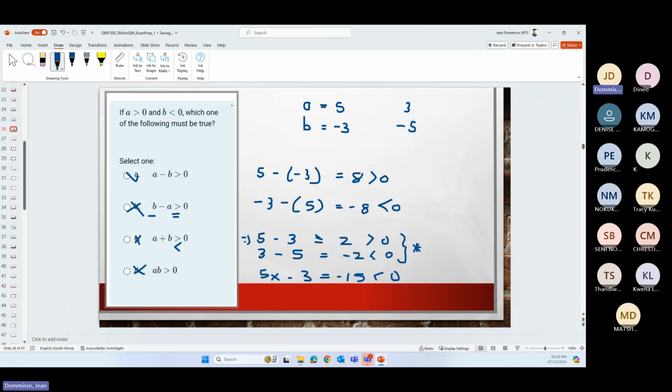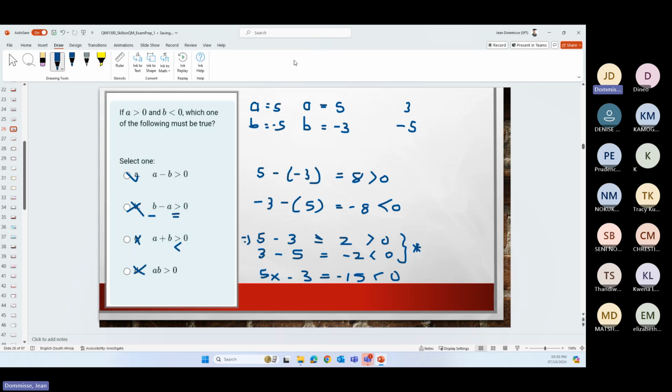You can even make it that your two numbers are the same and say, well, A is 5, B is equal to -5, and you can work it out with that as well.